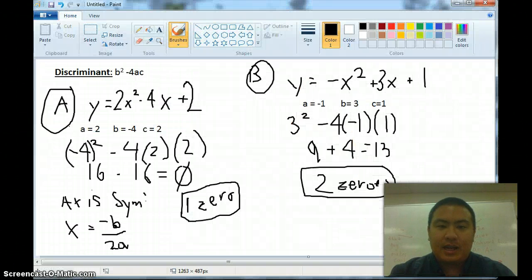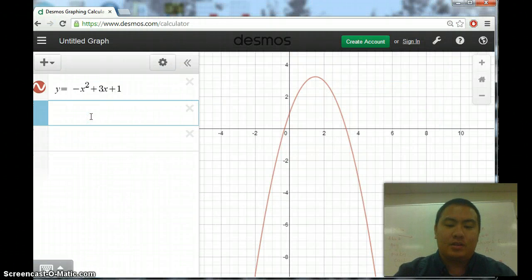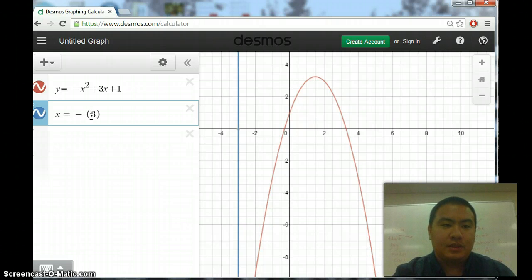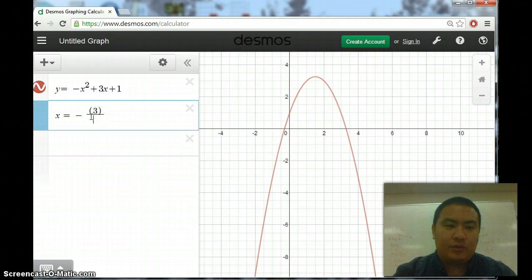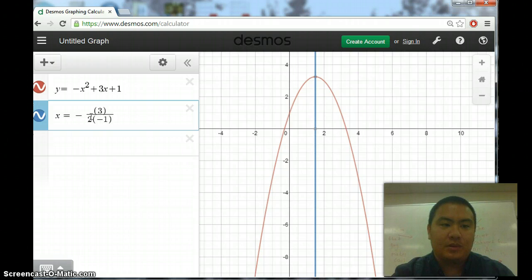So to look at the axis of symmetry, we're going to go ahead and do x equals negative b, what's b? 3, over 2a, so that's 2 times negative 1. And see how this axis of symmetry is right there. And this is really 1.5.